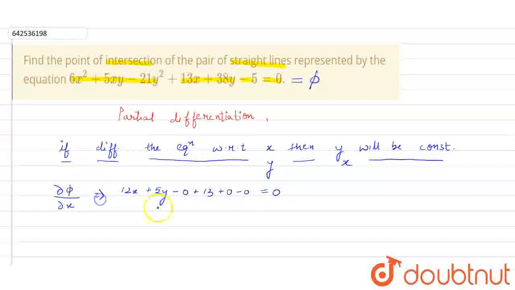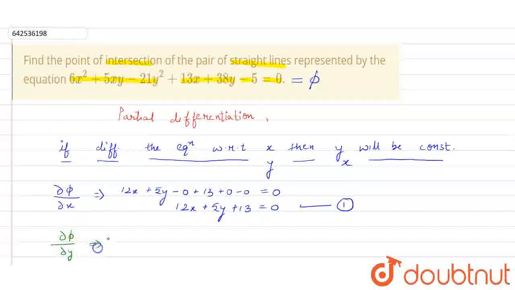So the equation we are getting is 12x + 5y + 13 = 0. Let's consider this equation to be 1. Now let us differentiate the same equation with respect to y.